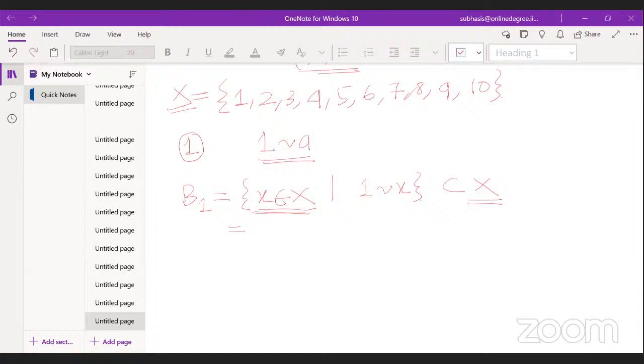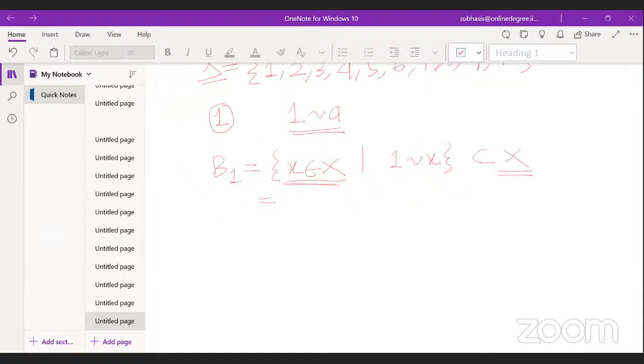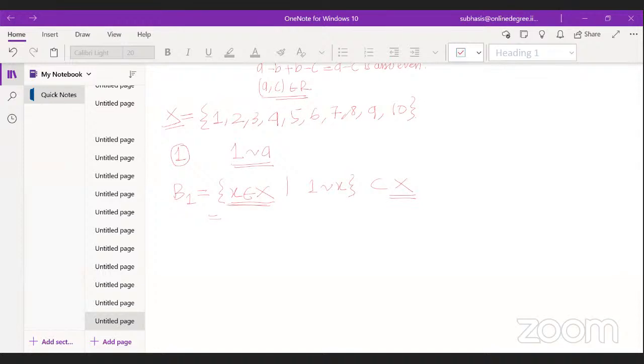So we will go one by one, right? So 1 is related to 1, because 1 minus 1 is 0. Yes, sir. So 1 is there. Next, whether 2 is an element. Sir, 2 minus 2 is 0. No, see the condition.